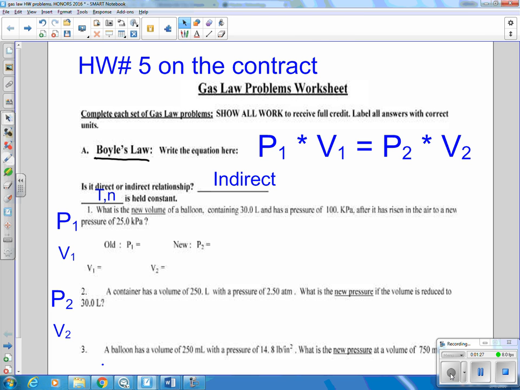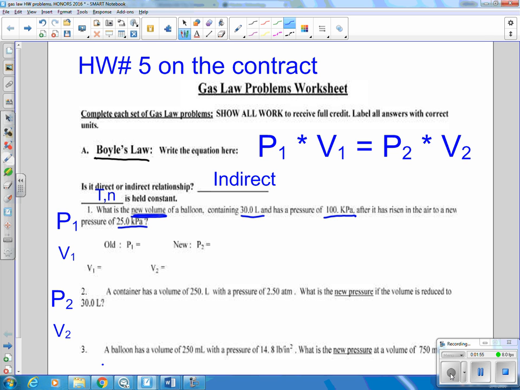It says, what is the new volume of a balloon that contains 30 liters, and has a pressure of 100 kPa after it's risen in the air to a new pressure of 25 kPa. Okay, so the goal is to figure out what are these numbers, what measurements do they go to.